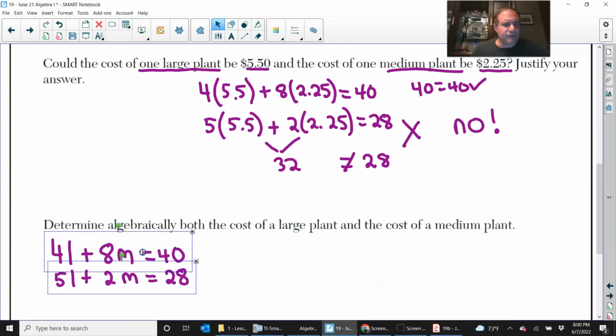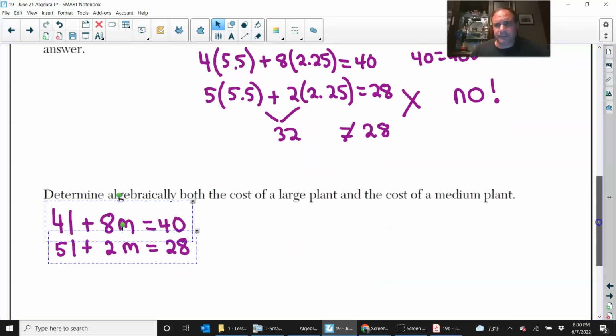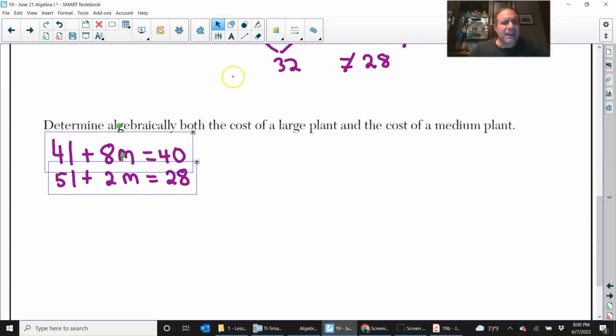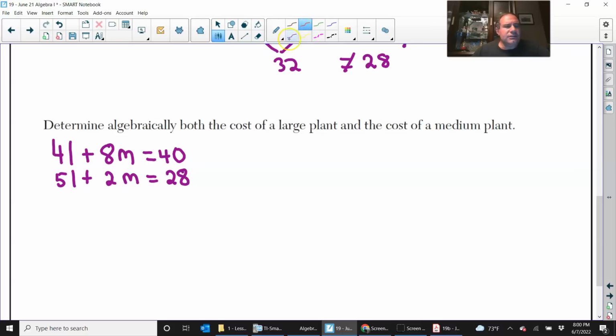So I'm just going to move it over here. So how would you actually go ahead and solve this? Remember, anytime you're going to use elimination, and you should use elimination, you need to get one of these variables to cancel. The L's, a little bit difficult. The M's, a little bit easier.